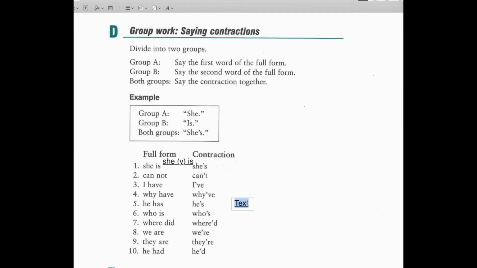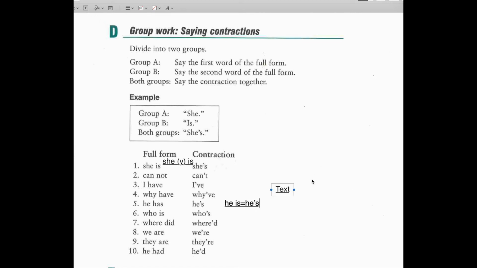Well, again, you might remember that we contract he is exactly the same way, he's. So in comparing these two examples, we notice they sound exactly the same. The question is, how do we know which one we are using? Well, once again, we have to think about context.